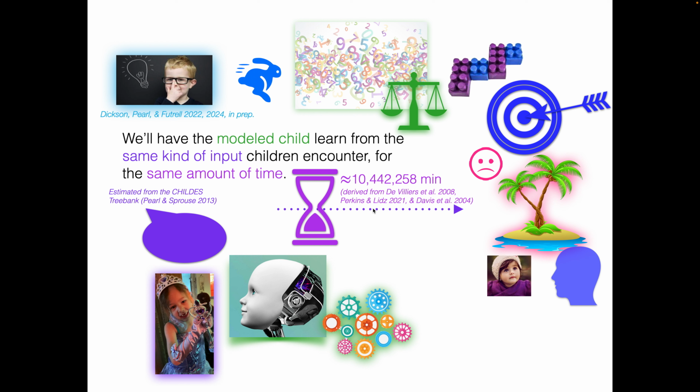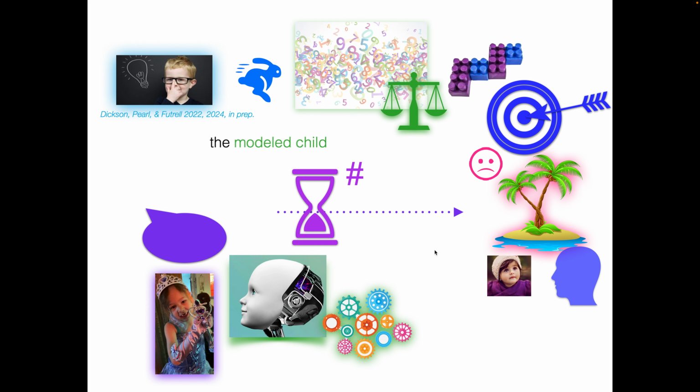We can estimate how long children get, which turns out to be about 10.4 million minutes or so. You can convert that to how many dependencies you actually encounter during that time, which is maybe 2.15 million on average. Okay, so you get that many of these. Can you get the target behavior? That is our question.